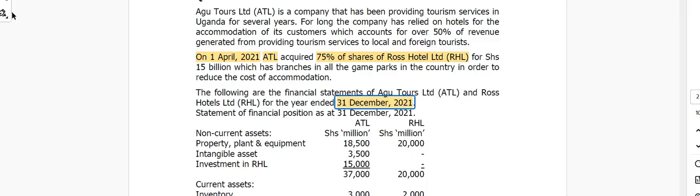So note 1, the second paragraph, we have utilized this. However, we have a fair value adjustment.